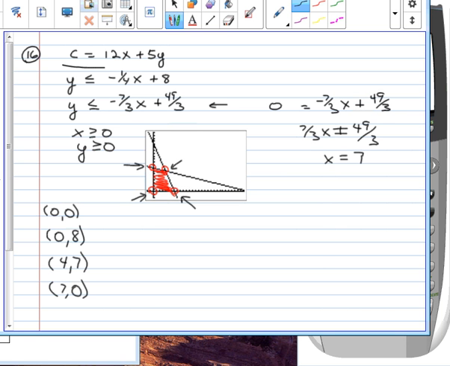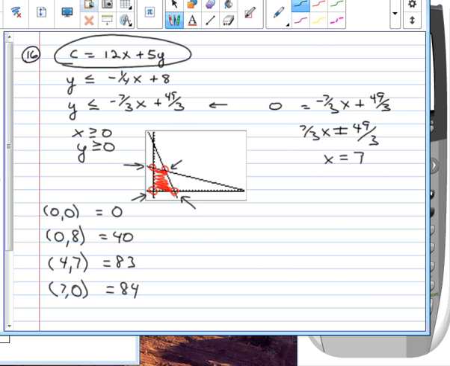And we put it into our objective quantity. First one will be 0. Let's see, 0, 5 times 4 is 40. 48 plus 35. 83, double check. 84.